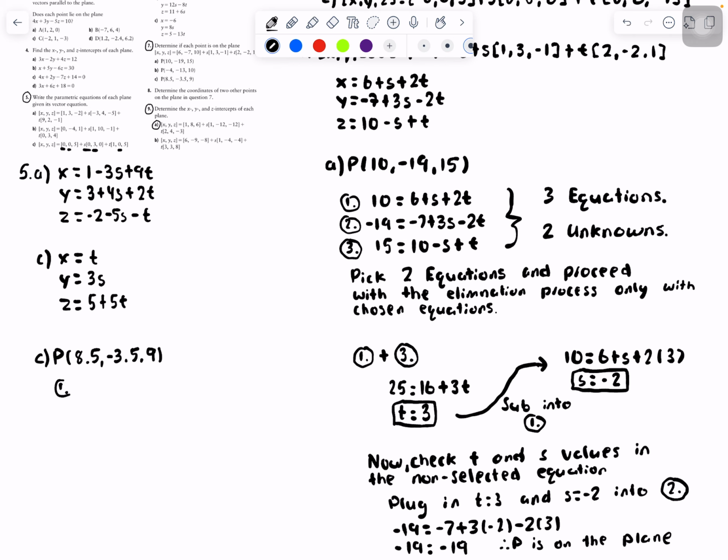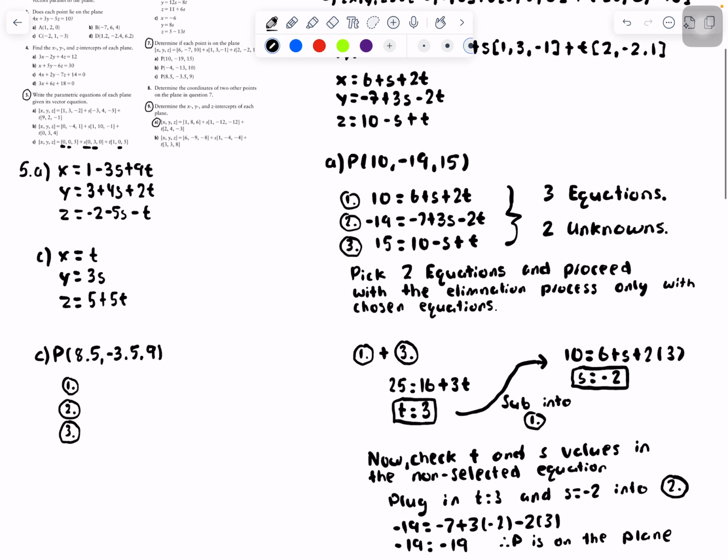We'll call them 1, 2, 3, with 8.5, -3.5, 9 on the left-hand side.